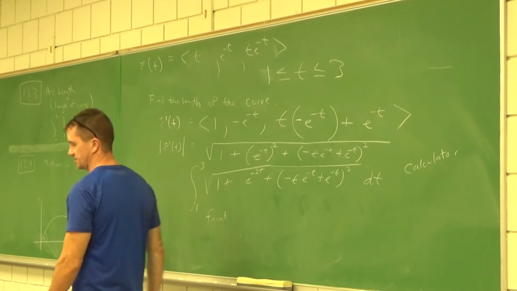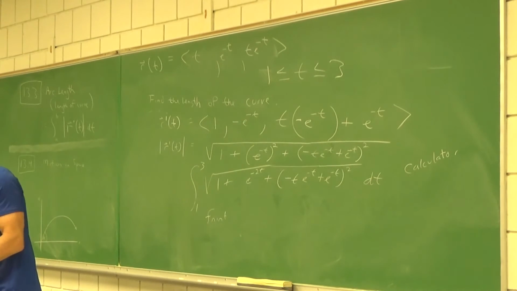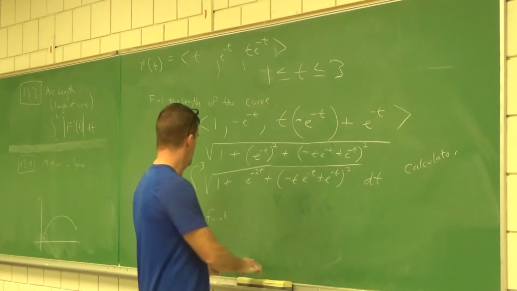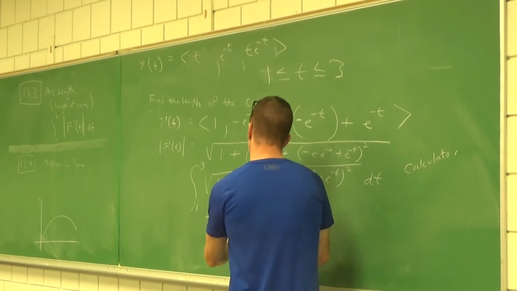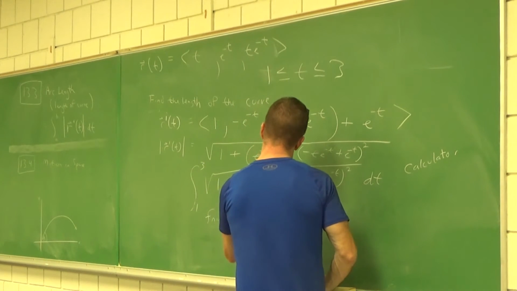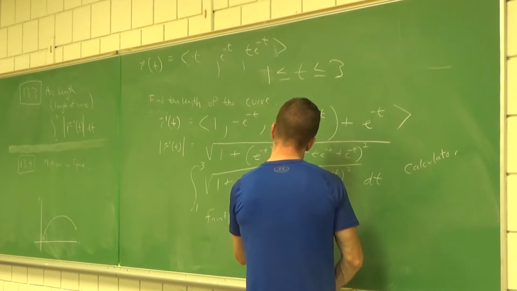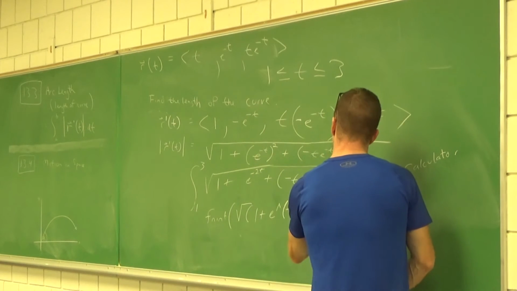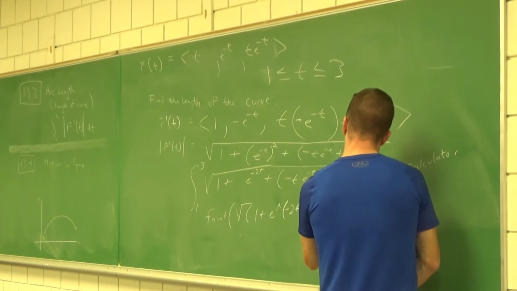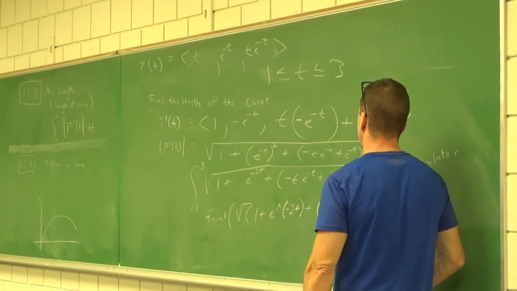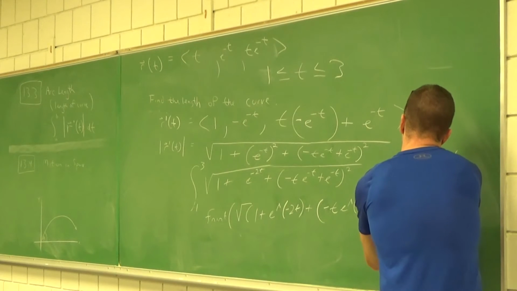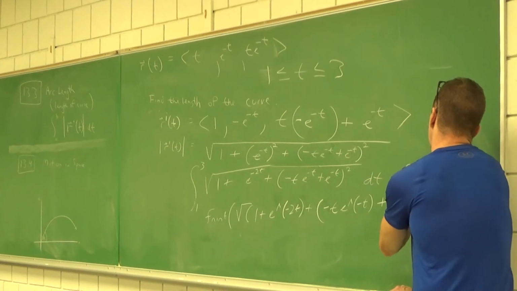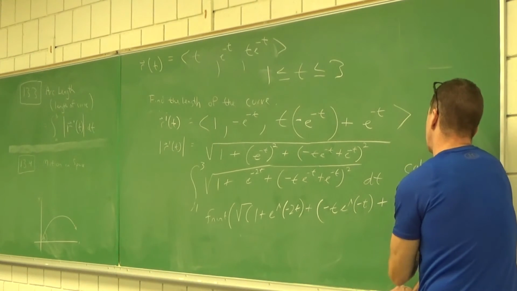If anybody needs assistance, put this in on the calculator. Go right ahead. This is what the TI-83 can do. Square root, on your calculator, I'm going to put some parentheses. 1 plus e caret negative 2t plus parentheses negative t times e caret negative t plus e caret negative t. And you got to square that, right?